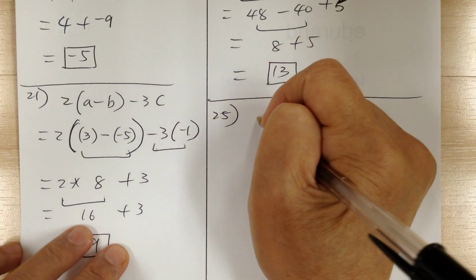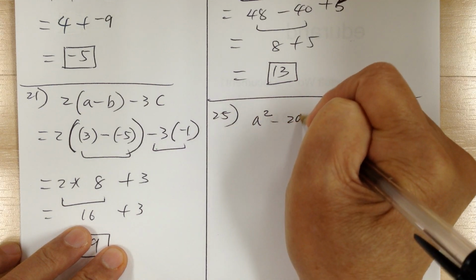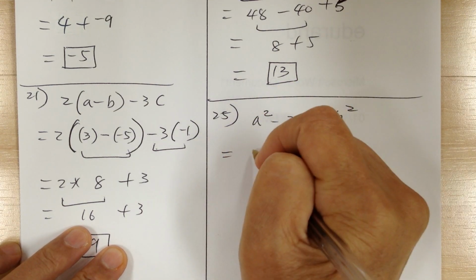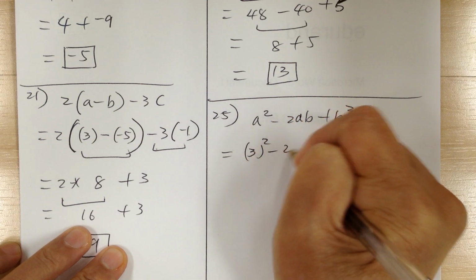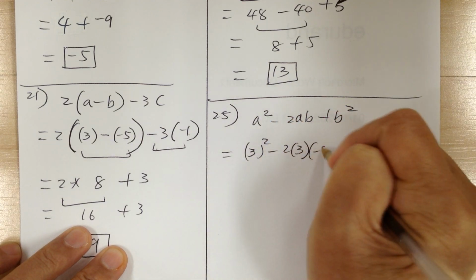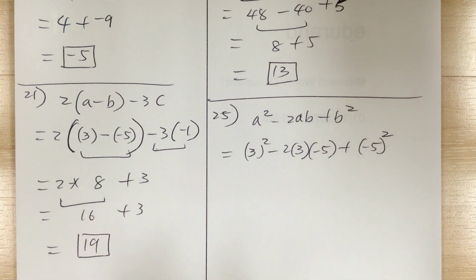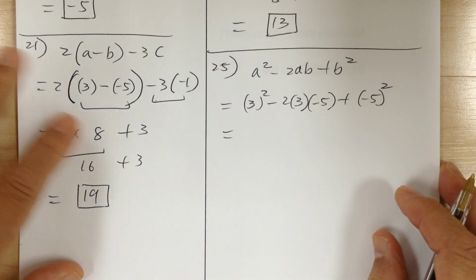25 is a squared minus 2ab plus b squared. So a equal to 3, b equal to -5. So again, when you're doing the substitution, just do substitution. Don't try to substitute and work things out at the same time. You only do substitution. Do one step at a time. It will cut down a lot of careless mistakes.